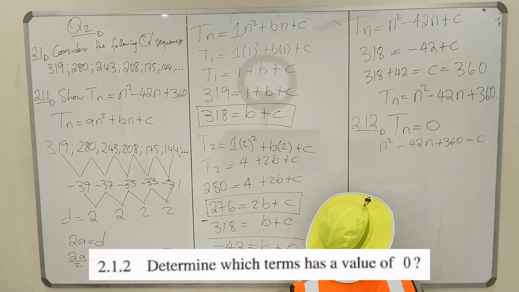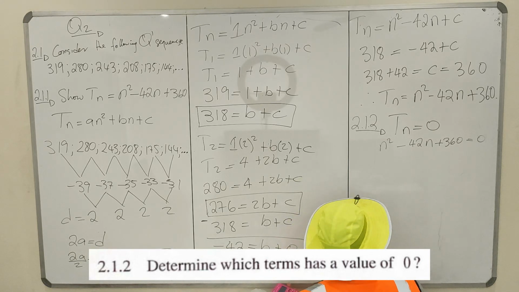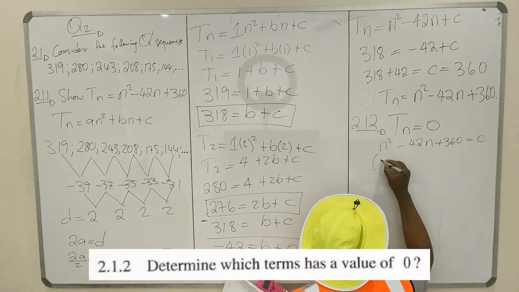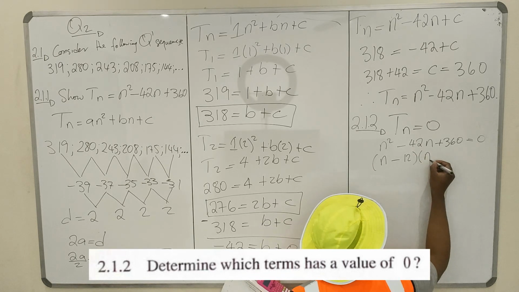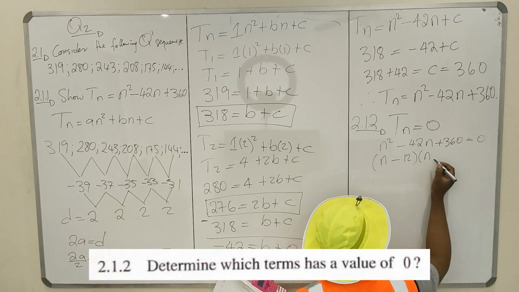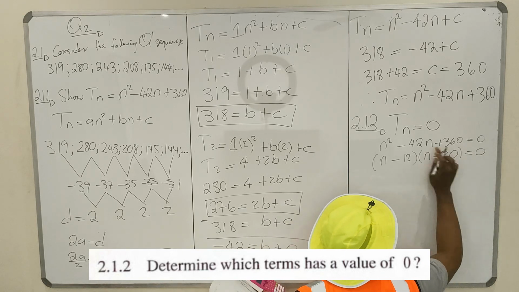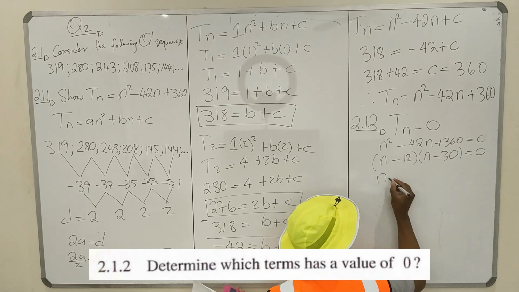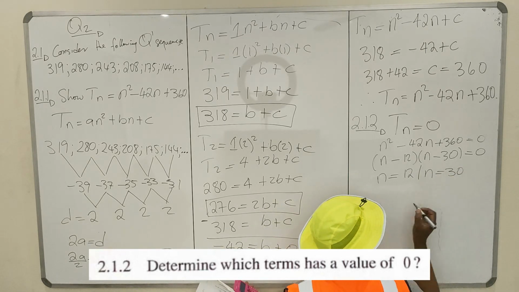From here, you factorize this. What are the factors of 360? So you can say n minus 12 and n minus 30 is equal to 0, or use the quadratic formula. So your n is equal to 12, or your n is equal to 30, right?